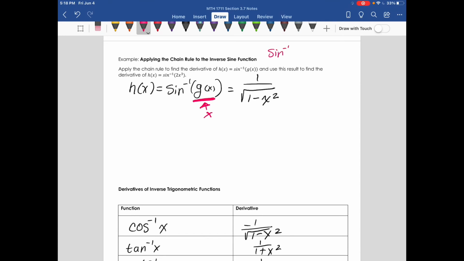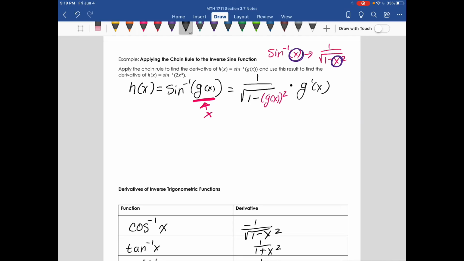But what we have to recognize is this is an x. Whatever's in here, we have to plug in for x. It's a substitution. So if I just had the inverse sine of x, the derivative would be 1 over the square root of 1 minus x squared. So whatever is inside the parentheses has to be squared down here. So now I'm going to replace this with g of x squared.